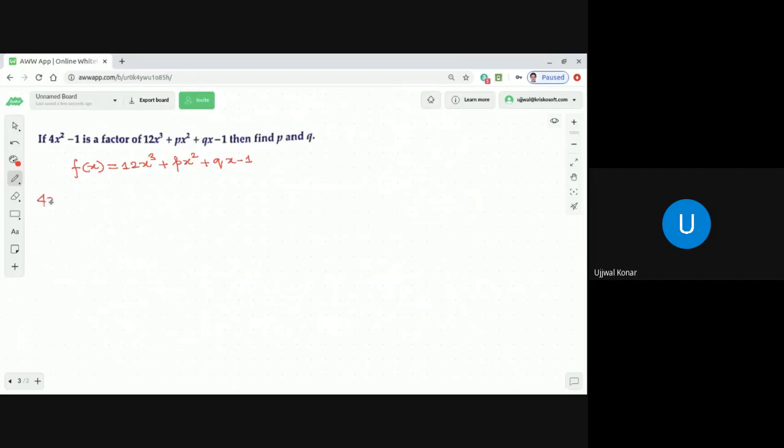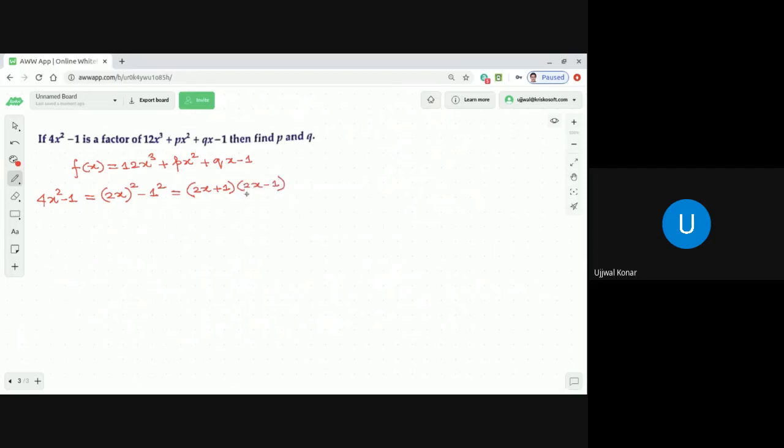So 4x square minus 1 implies 2x whole square minus 1 whole square. That means 2x plus 1 into 2x minus 1.